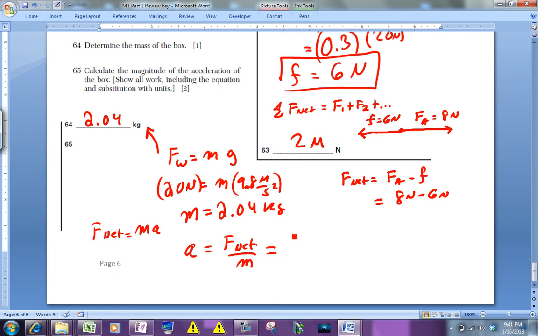So you're going to take that net force of 2 newtons divided by the mass, which we'll say is 2.04 kilograms, and when you divide that, you're going to get an acceleration of 0.98 meters per second squared, which is your final answer. So that was a fun problem. At least it was for me.